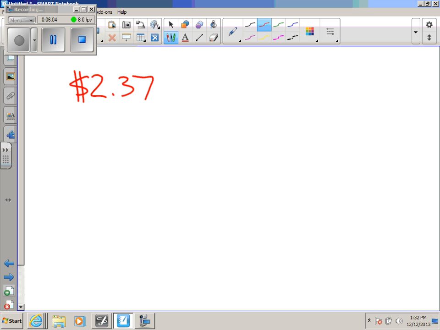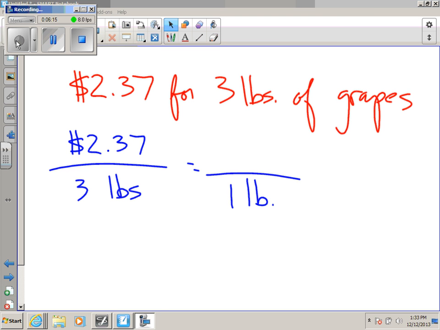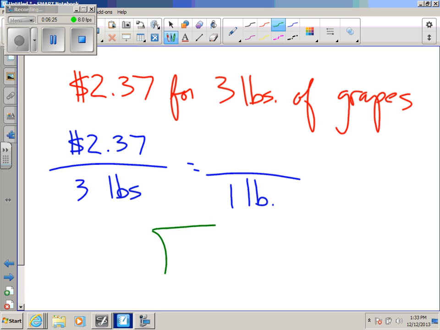237 for 3 pounds of grapes. You try. 237, 3 pounds. I need to do what operation? Division. What's going to be divided? 237 divided by 3.